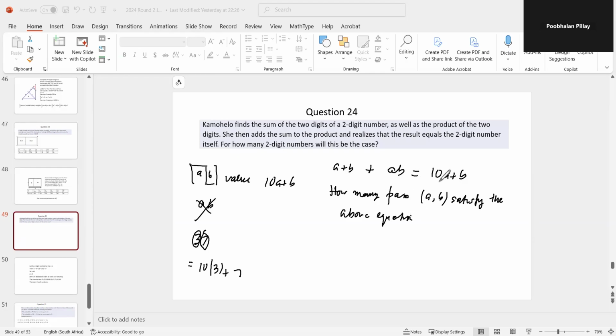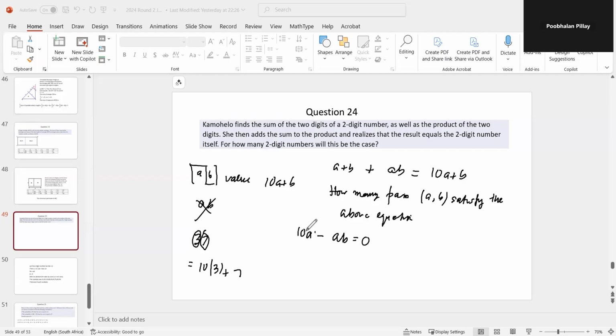So let's try to solve this. You'll notice that you've got A plus B, so the B's actually cancel. B is on both sides of the equation. So you have A plus B plus AB, and you've got 10A here. So you get 10A minus A, which is 9A, minus AB equals 0.